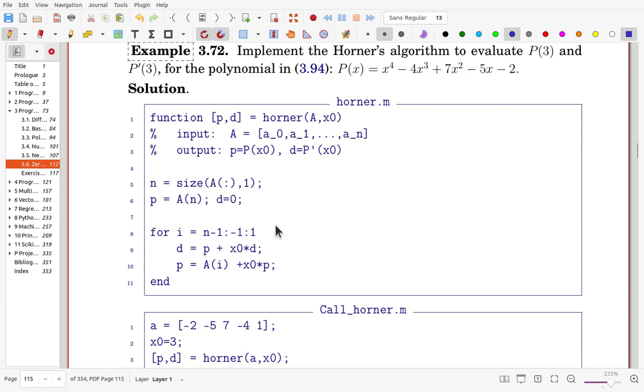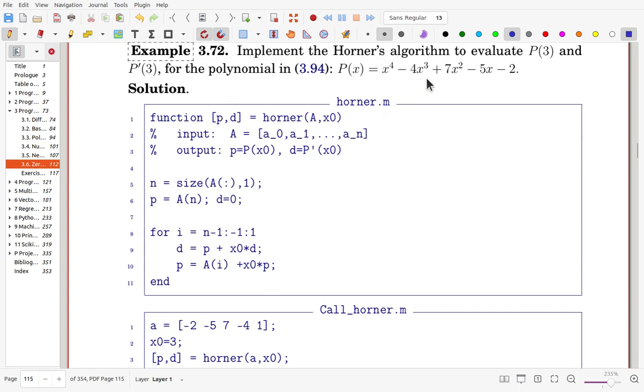Here, first we initialize, and then i is moving from n-1 to 1, decreasing. At the last moment, d will include the derivative value, and p will have the polynomial value. So you can check this algorithm step by step to make sure this implementation is right.